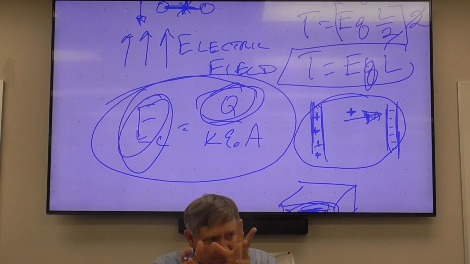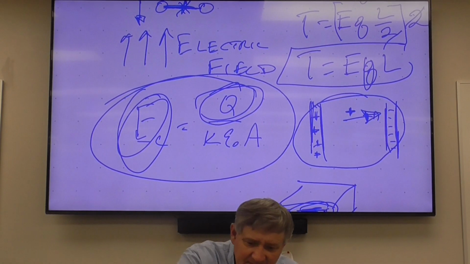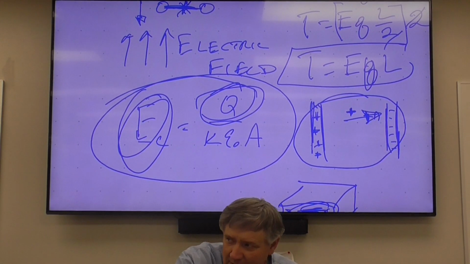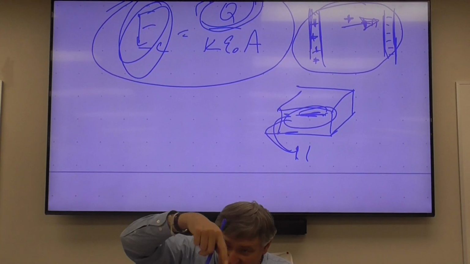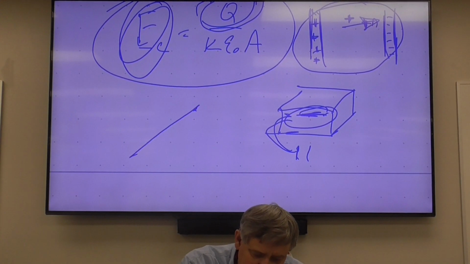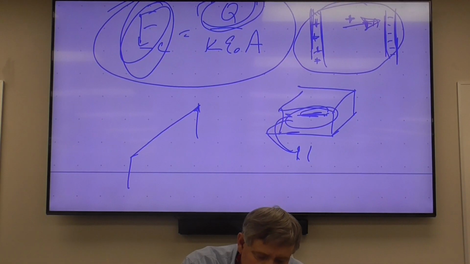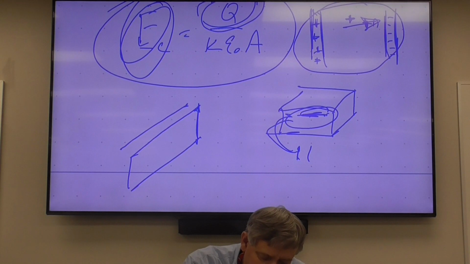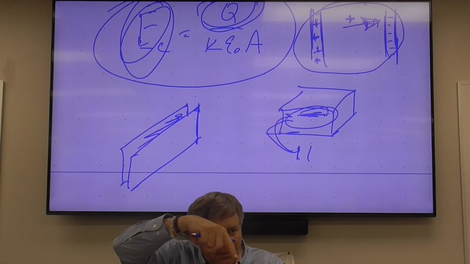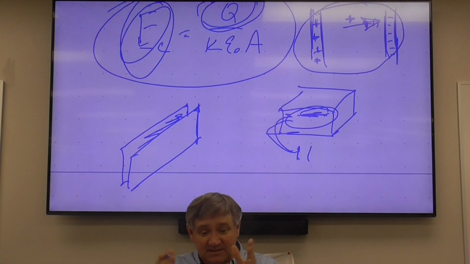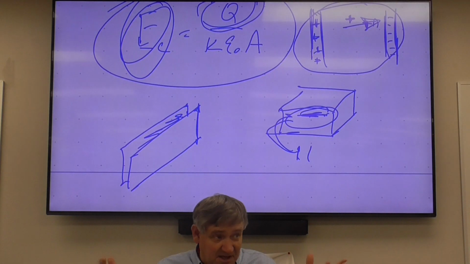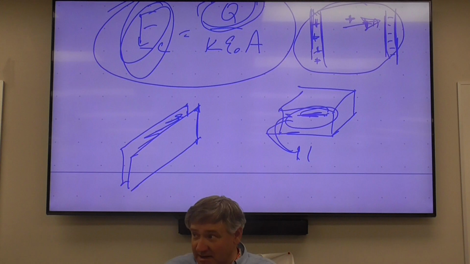Now, this is what we call a parallel plate capacitor, and you're looking at that going, that looks pretty round. And it is. But how they build these capacitors is that they basically start with two parallel plates, almost like a jelly roll. And then they layer that and wrap it around like a jelly roll. Physically, it's hard to build a big capacitor by just having a big plate.